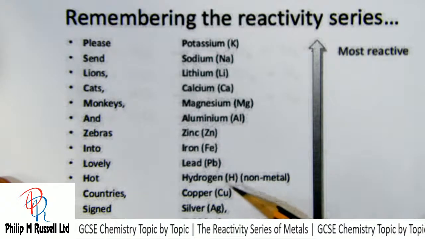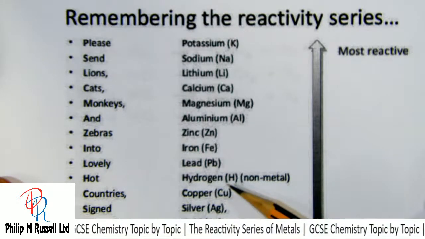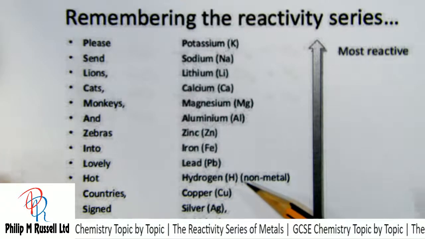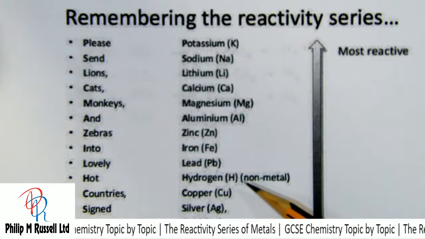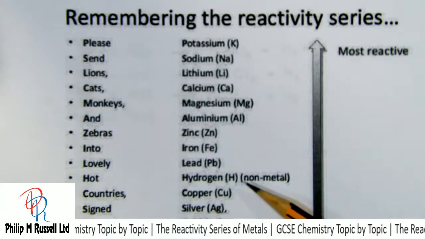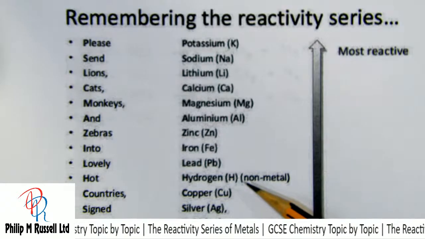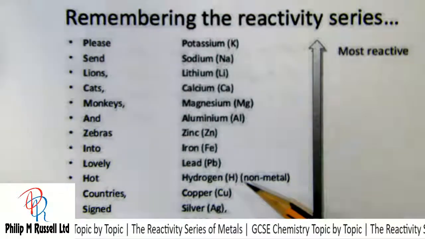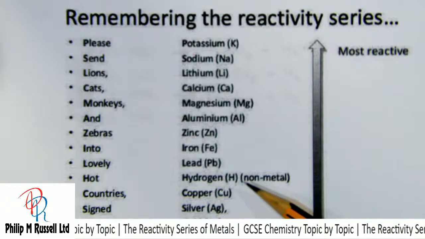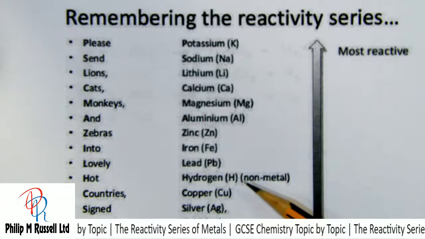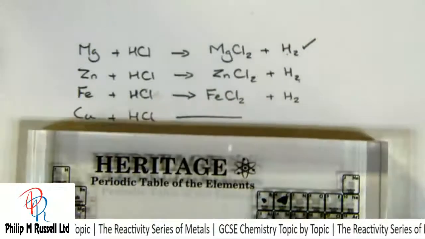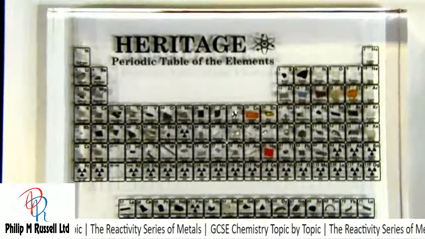And now I've got an interesting one. I've got here hydrogen. Now hydrogen is a very interesting metal. You see, where does hydrogen go in the periodic table? And I get a lot of people tell me that hydrogen can't be a metal, and it can't be a metal because it's a gas.